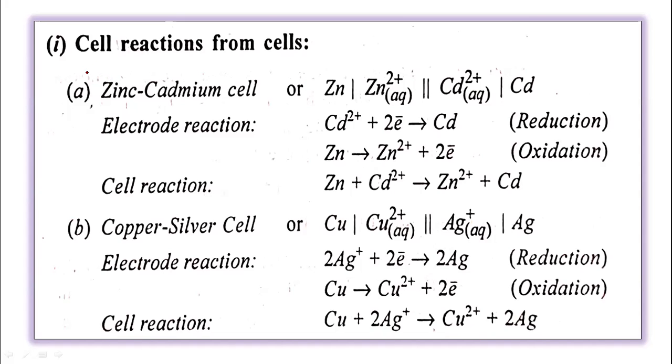The first galvanic cell is the zinc cadmium cell, where two electrodes are used. One is the zinc electrode and the other is the cadmium electrode. The zinc electrode is represented on the left hand side, and the cadmium electrode is represented on the right hand side.